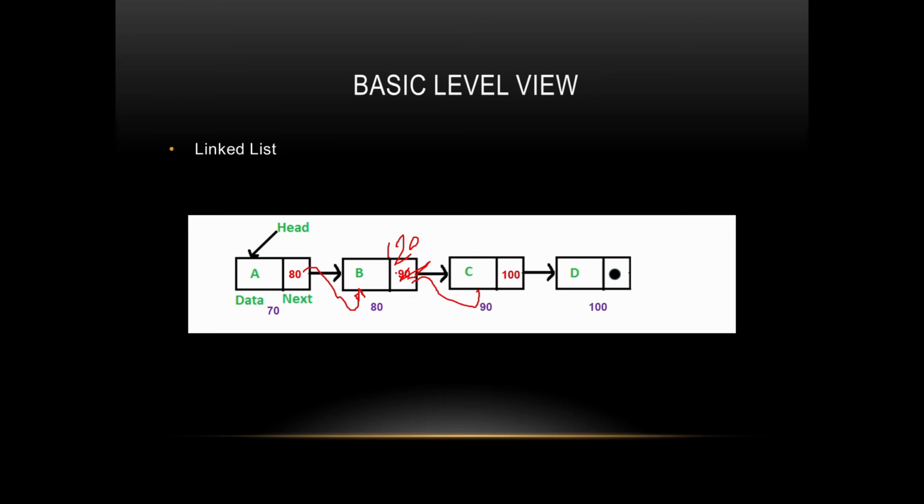So this node no more points to this one. It will point to somewhere else. And if 120 is not present, then this will be an invalid pointer. So the link is broken. Now it's no more a linked list, or the linked list is only up till here and not anymore. So this is the basic level view of a linked list.